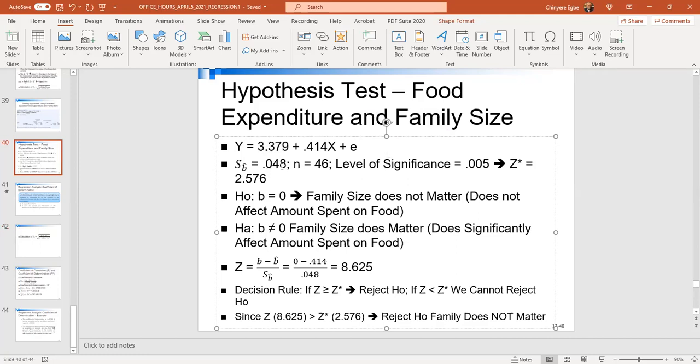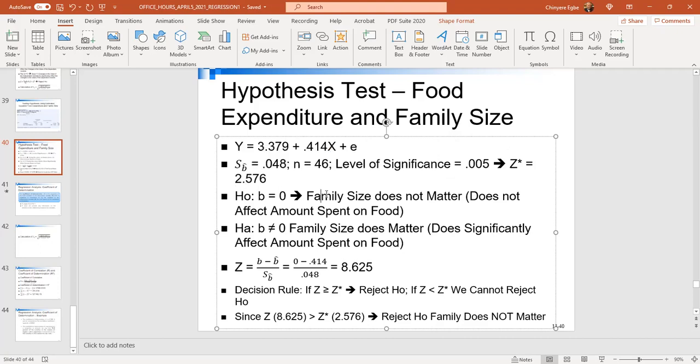The standard error of B for this particular problem is 0.048. We're using a level of significance of 0.005 and a Z star. The Z star for 0.005 is 2.576. You can look that up.